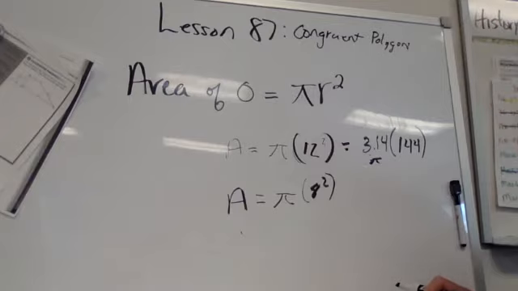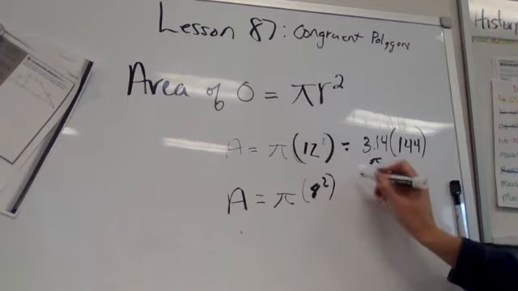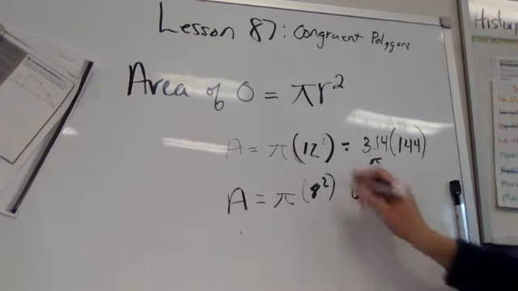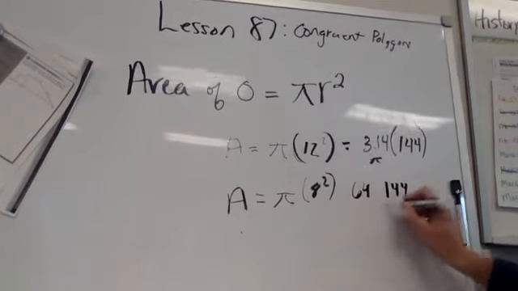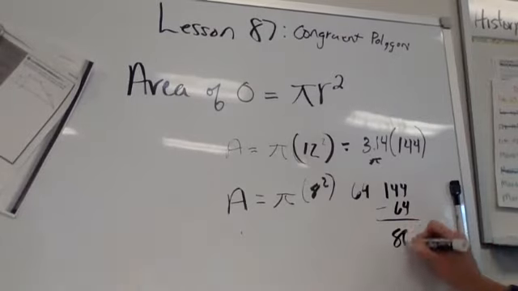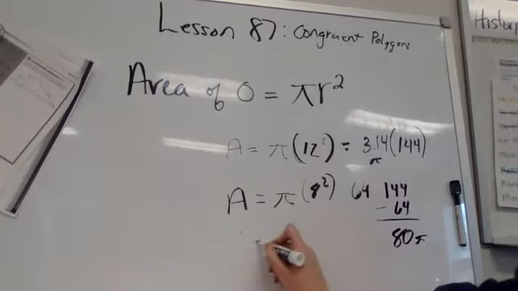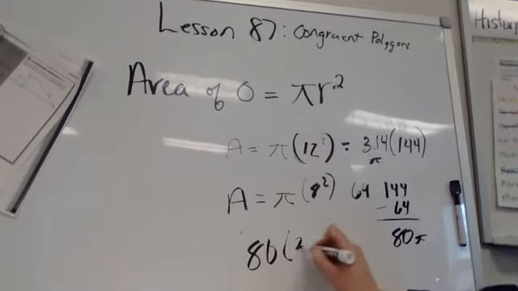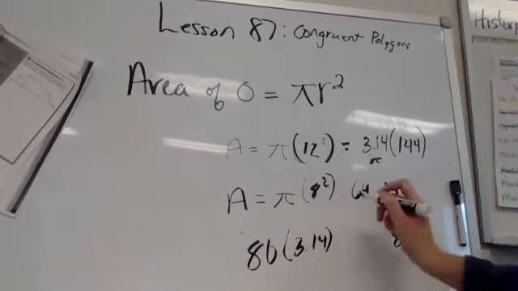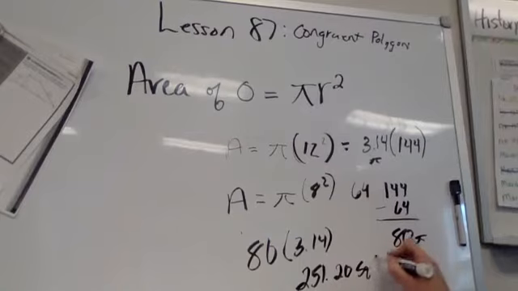So you could do that. So 8 squared, 8 times 8 is 64. So then they took 144 minus 64. See that? Okay. And that's 80. So now 80 pi. And so then they took 80 times 3.14. And that is 251.20 square feet.